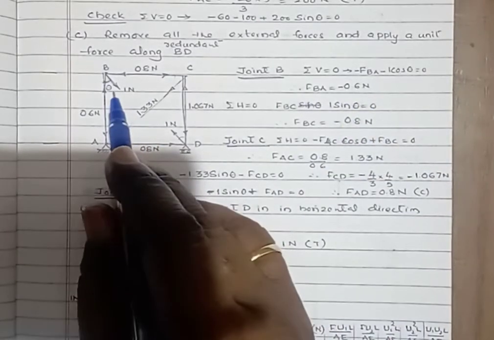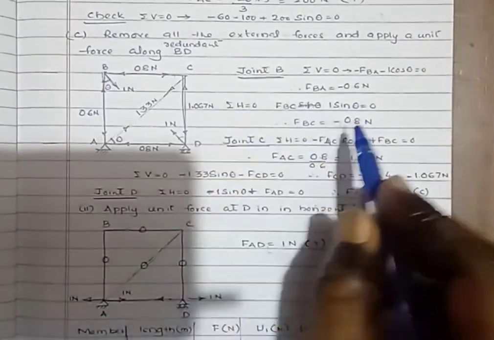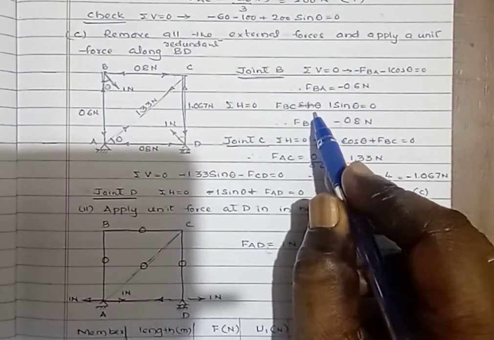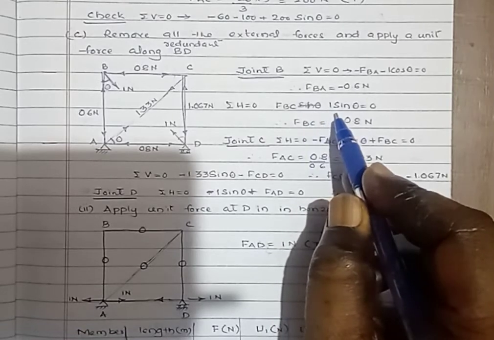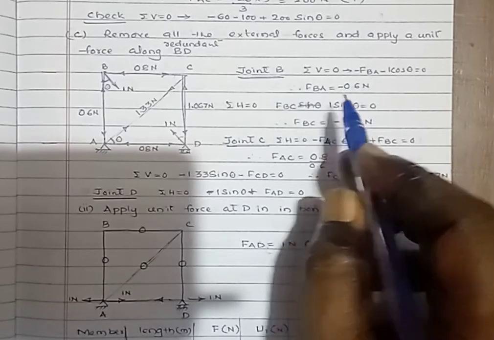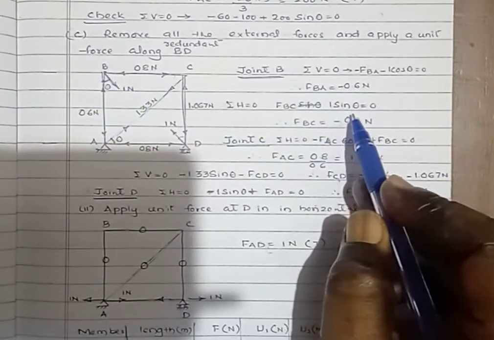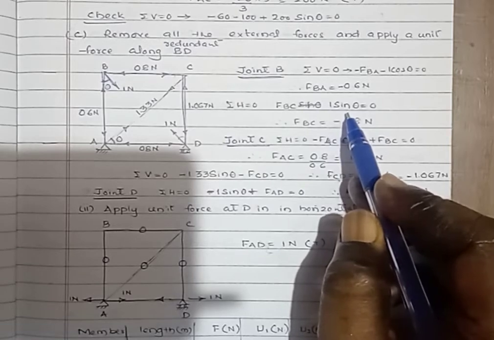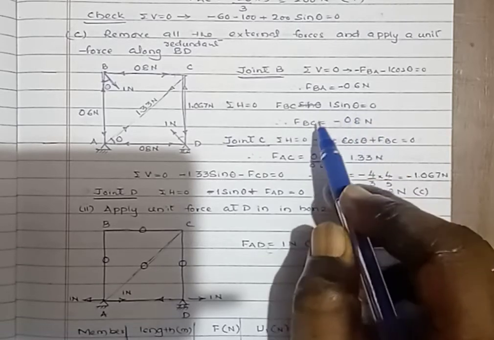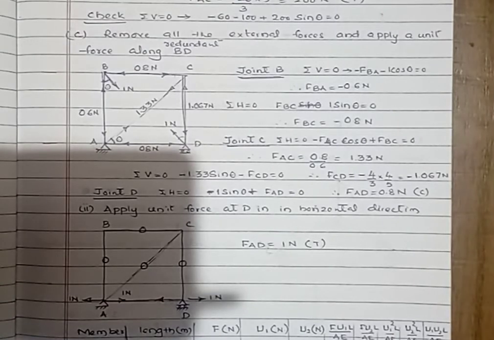Similarly, summation of horizontal forces equals 0. U_BC, which we have assumed as tensile, plus 1 sin theta, therefore U_BC equals minus 0.8 Newton.